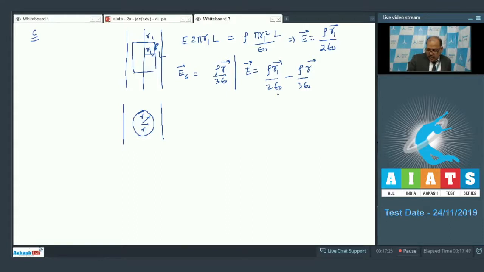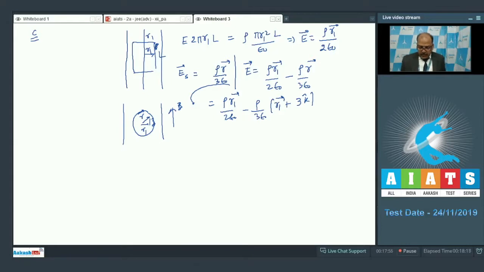So this is equal to rho R1 by 2 epsilon naught minus rho by 3 epsilon naught into R1 vector plus some constant vector again. If this is Z K cap, and I have considered this to be the z-axis, this is the expression for electric field inside the cavity.